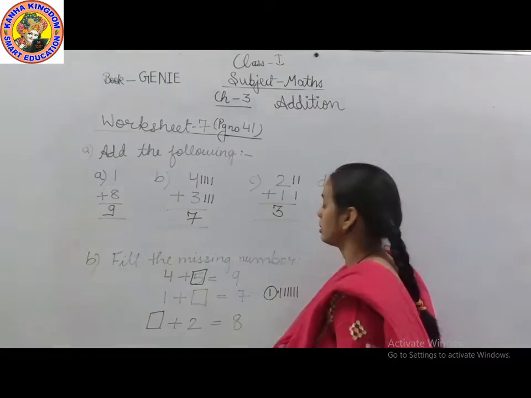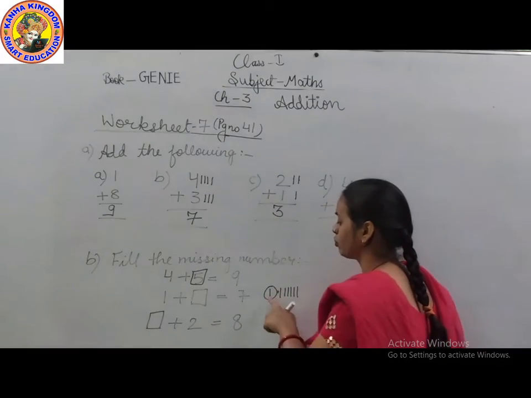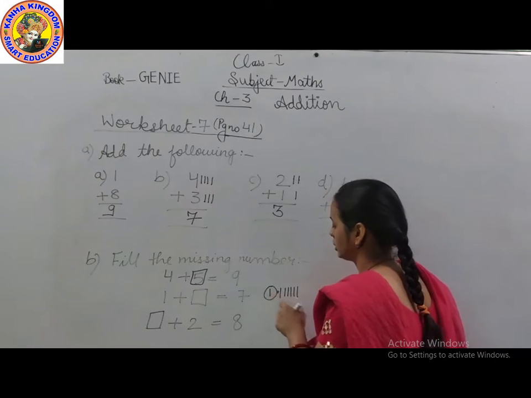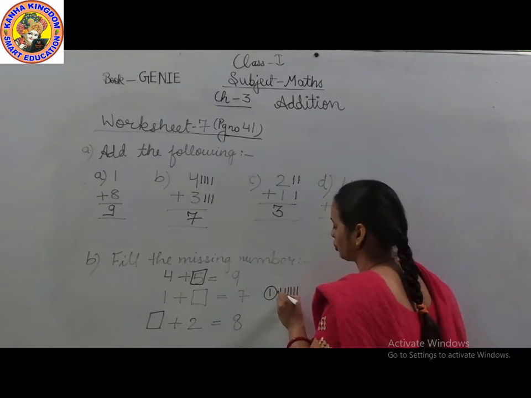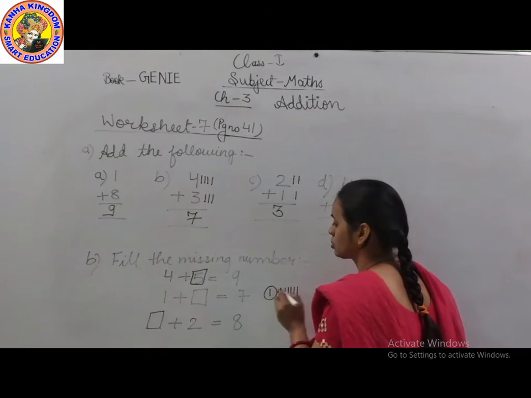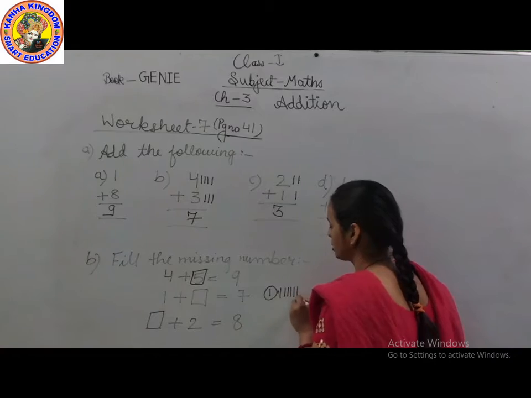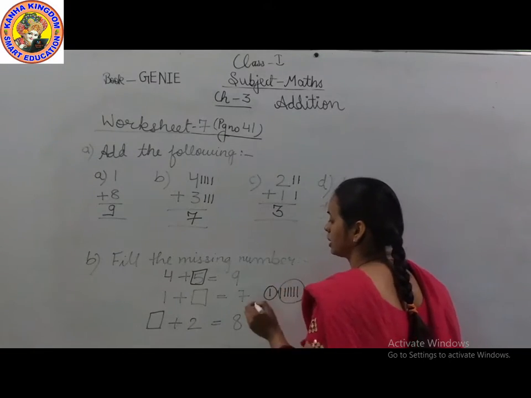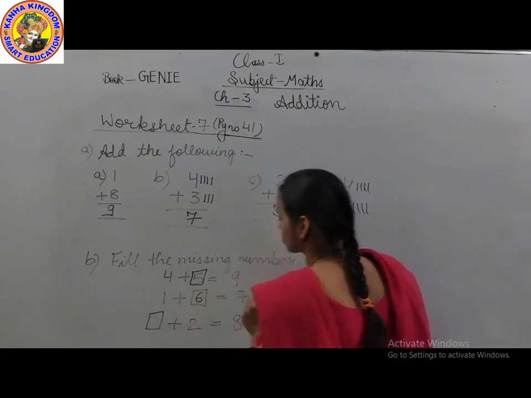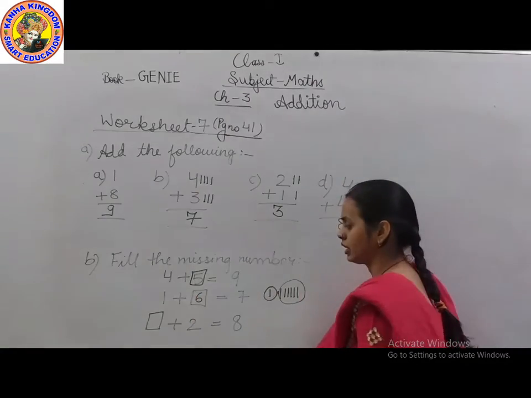Count. Next number, counting forward with 1 till we get 7. So 1, 2, 3, 4, 5, 6, 7. So 1 plus 6 equals to 7.